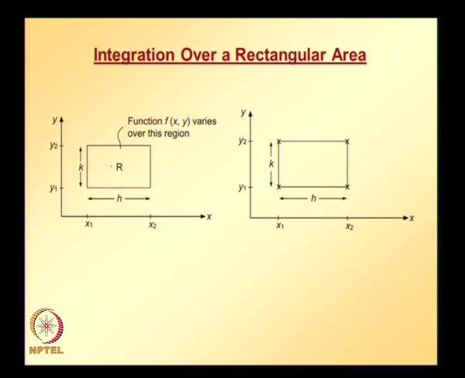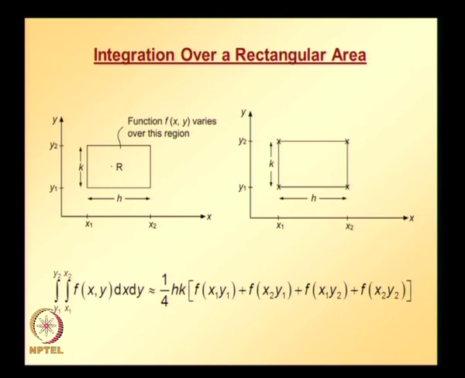So, we need to apply trapezium rule in both directions, and this integral f(x,y) dx dy, double integral between the limits x1 x2 y1 y2, is approximated as 1/4 hk. h is nothing but the distance between the points along x direction, k is nothing but the distance between the points along y direction, and the function evaluated at 4 points, that is, the function evaluated at (x1,y1), (x2,y2), (x1,y2), (x2,y1).